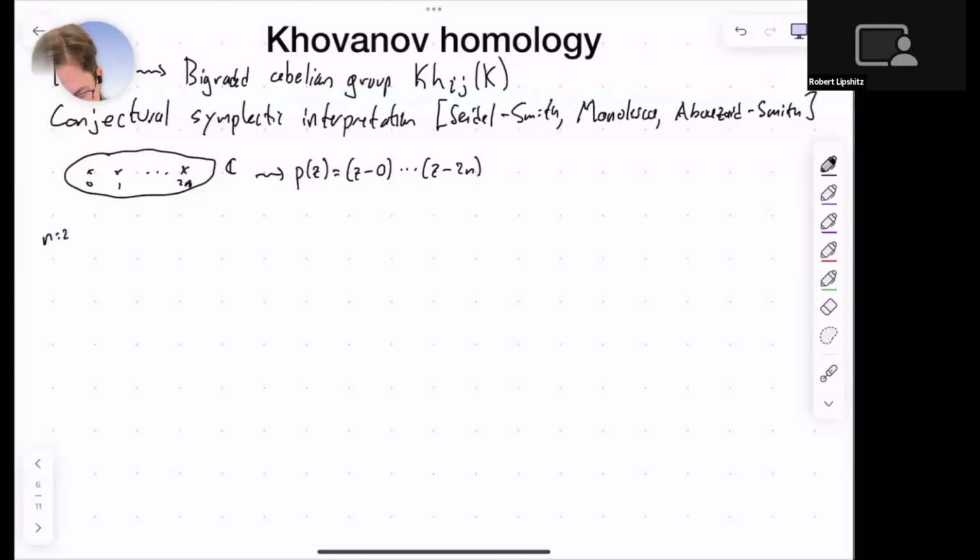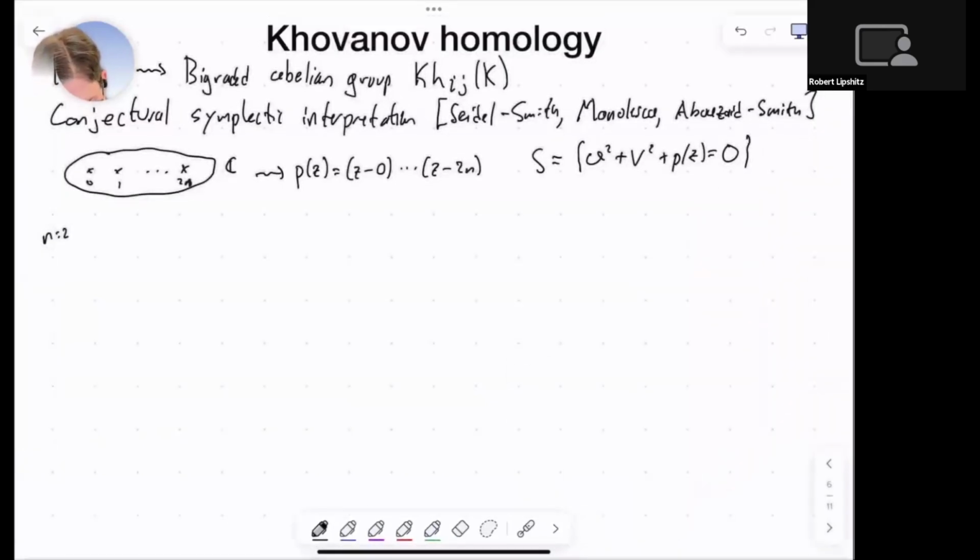And from that, there's a two-dimensional complex surface, U squared plus V squared plus P of Z equals 0. Let's move that inside C3.